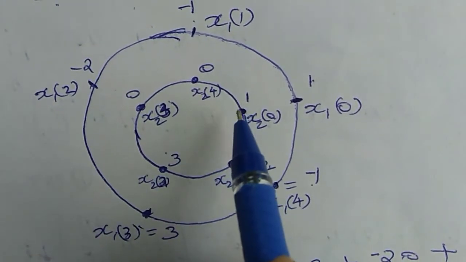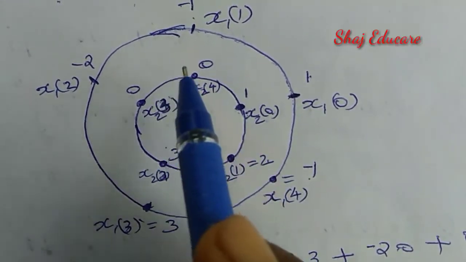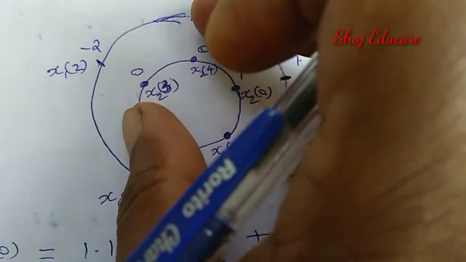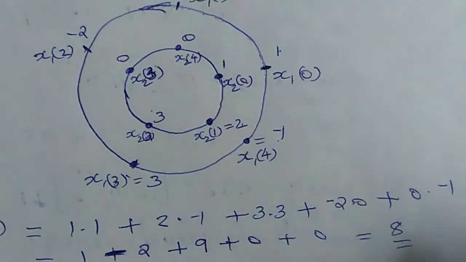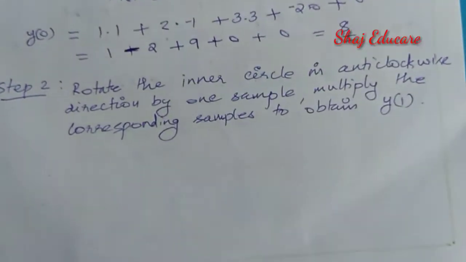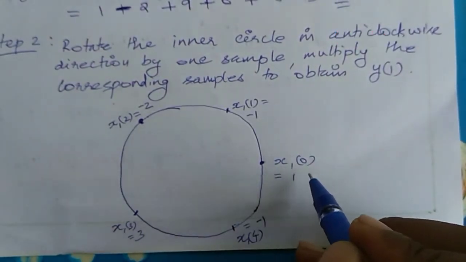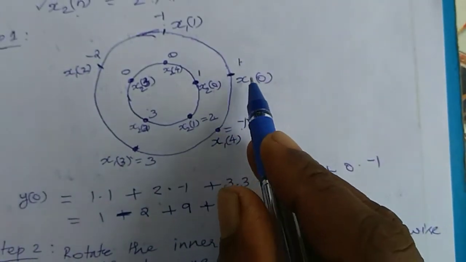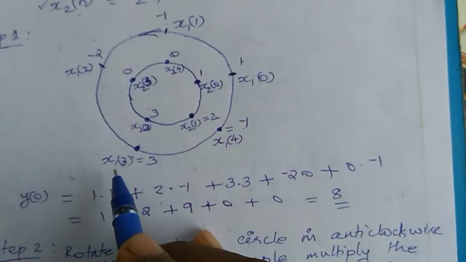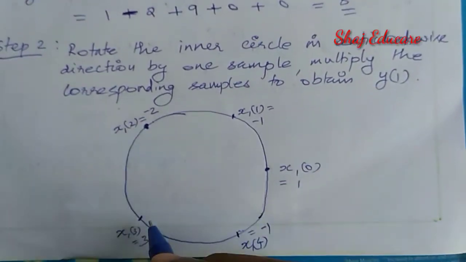So just rotate the samples in the inner circle by one sample. Okay, right. Just draw the outer circle in the same manner: 1, minus 1, minus 2, 3 and minus 1.